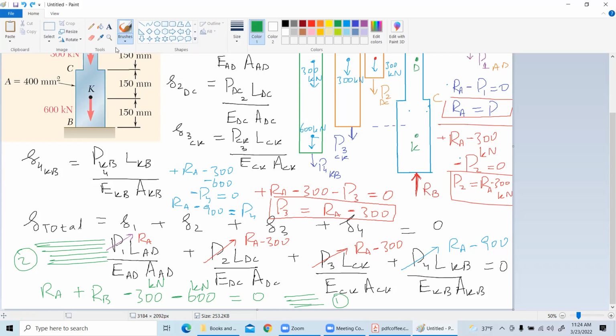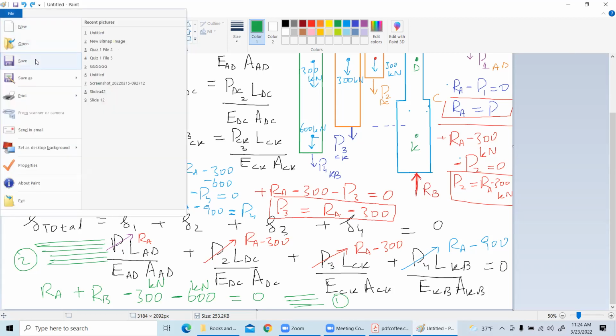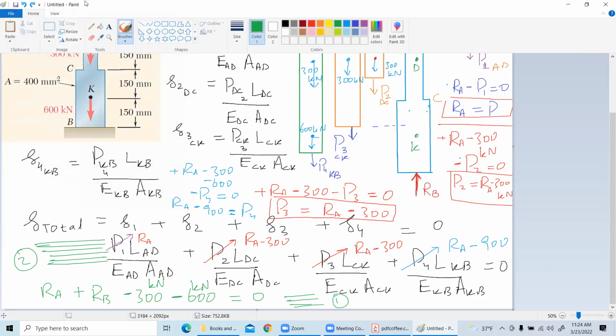Okay, what about our online students? Have they solved it? Okay, everyone. Well, that was a good paint file. I have RA as he already told us, 323 kilonewtons, and RB is 577 kilonewtons.